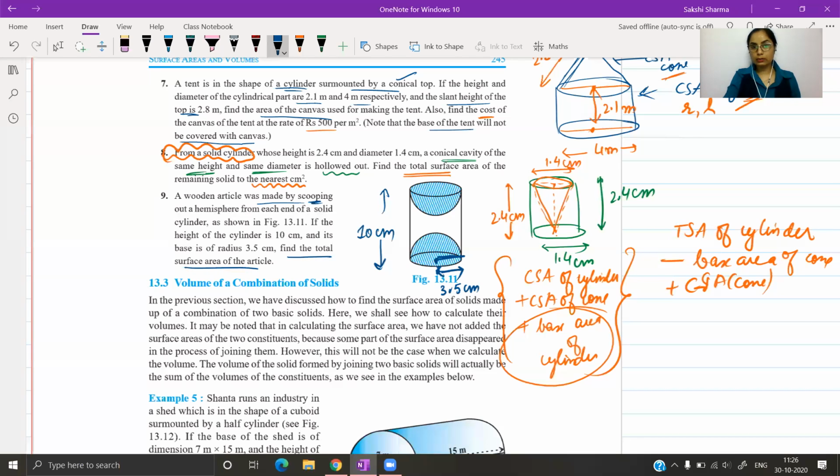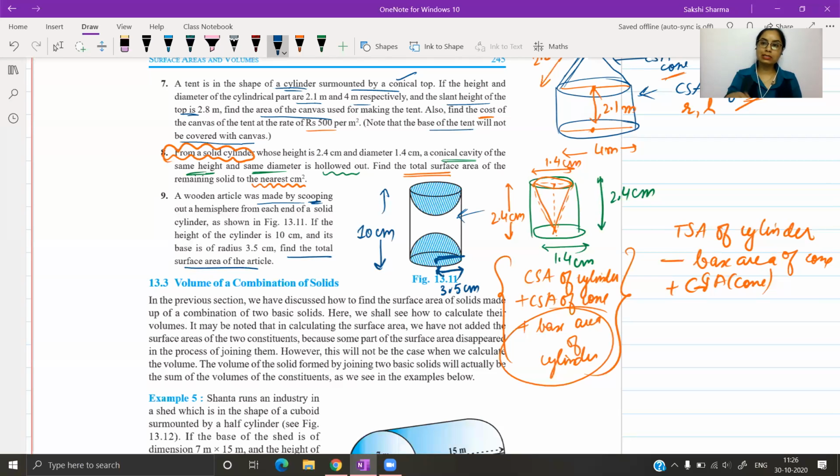So how would you find out? What do you think will be the total surface area for this article? There will be the curved surface of the cylinder, which is the outer surface. Along with that, there are now two surfaces.